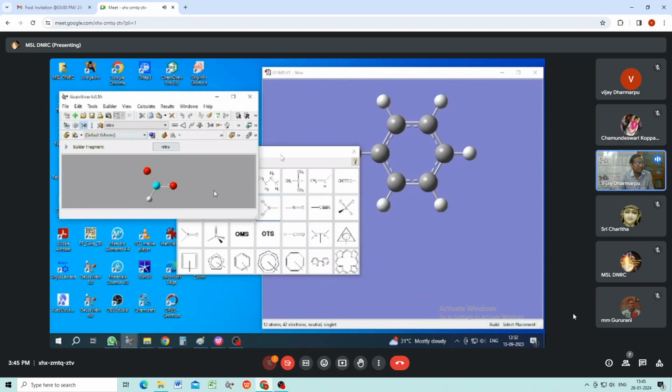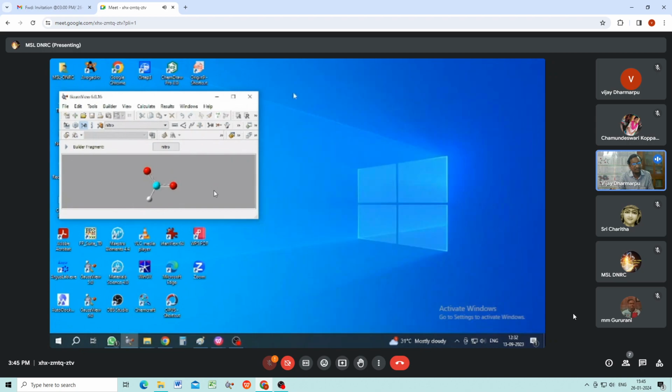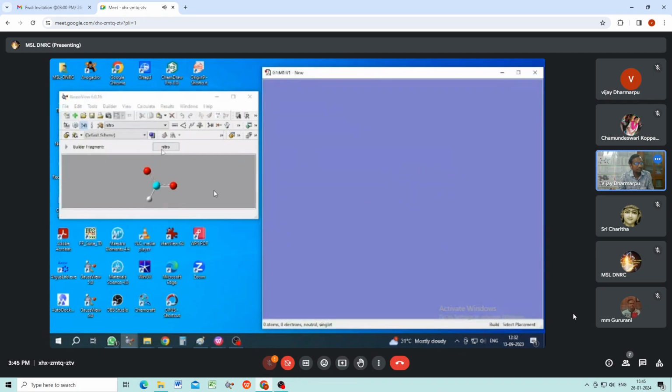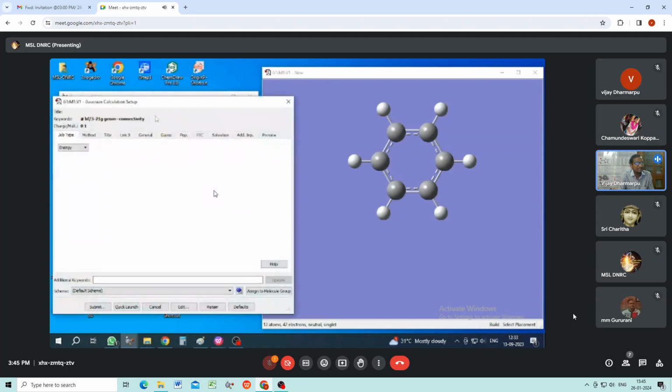So I just want to run only the benzene molecule. For this, I take new and paste this benzene structure here. I go with the calculation setup.